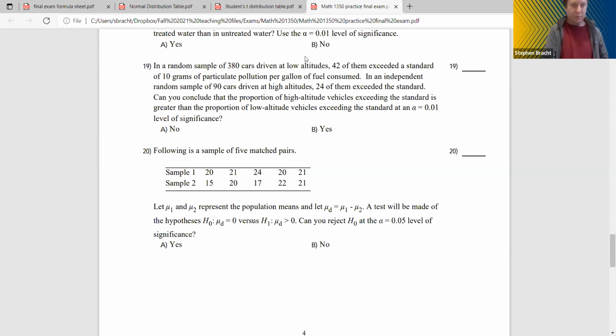So let me come over to my whiteboard. I'm going to need room here. So my D values are found by taking each value from sample 1 and subtracting the corresponding value from sample 2. If I did that, I would get 5, 1, 7, -2, and 0.